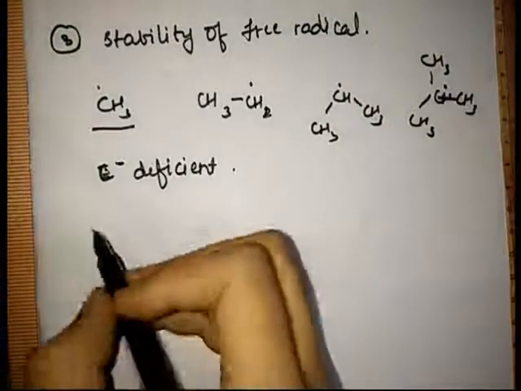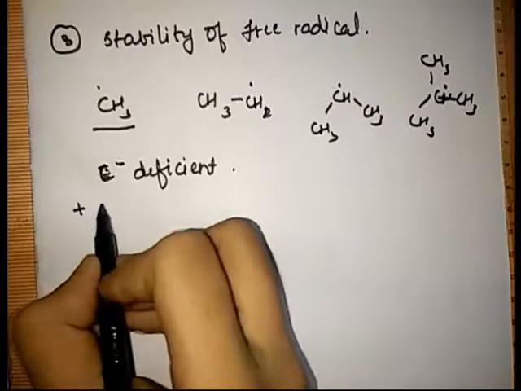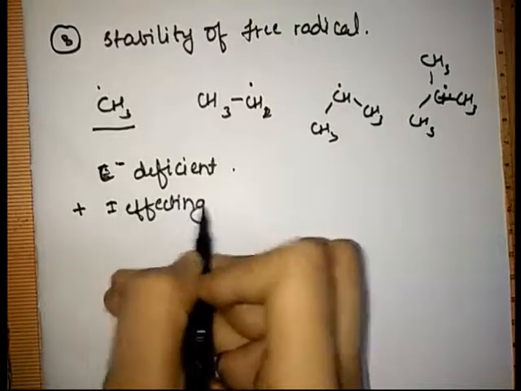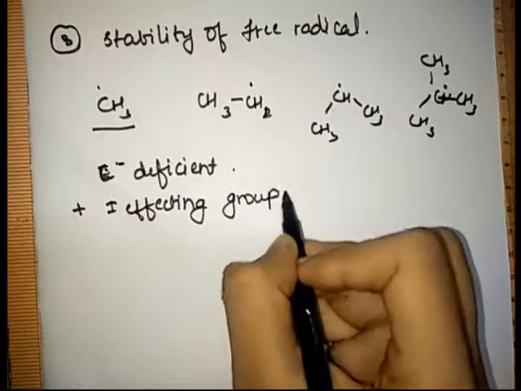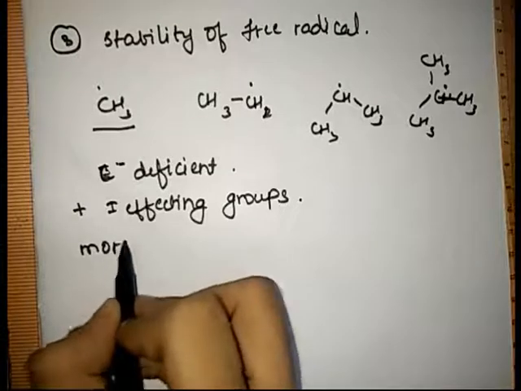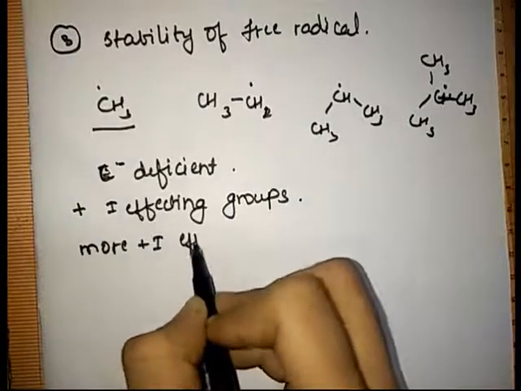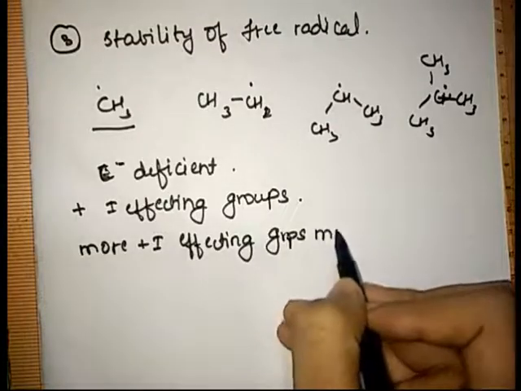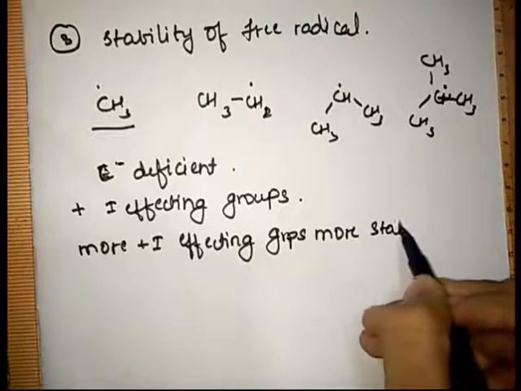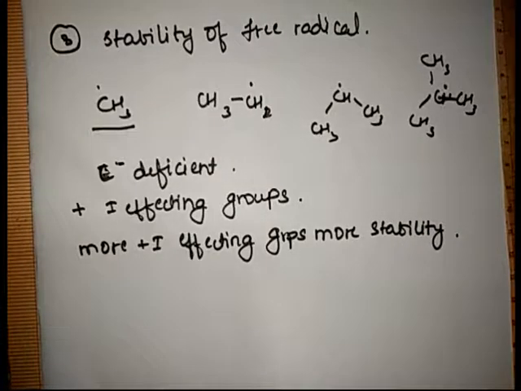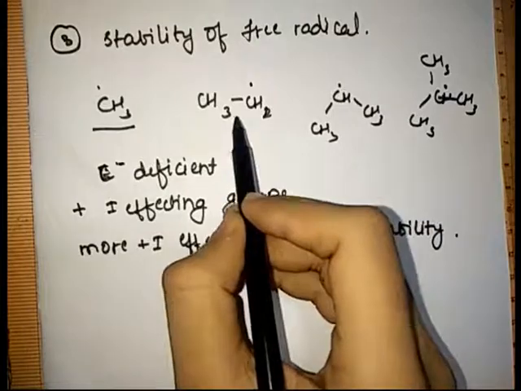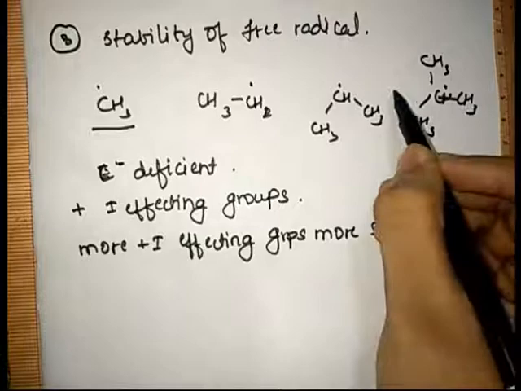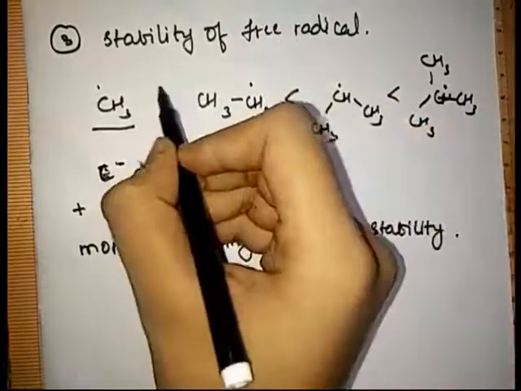So the groups which would be favorable are plus I affecting groups. The more plus I affecting groups, the more stability. In general, CH3 is a plus I affecting group. So this has more number of CH3 or more plus I affecting groups, so more stable.